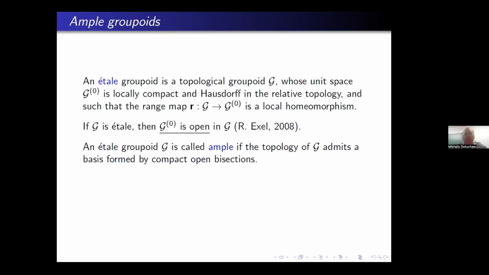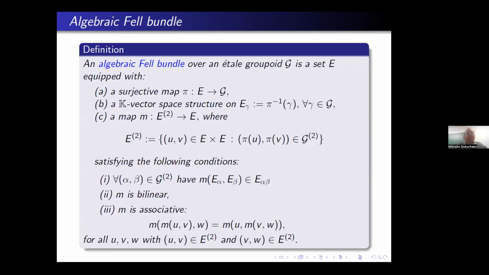For this purpose, we introduce the notion of an algebraic Fell bundle. This terminology comes from C*-algebras. A Fell bundle is a set E such that we have a surjective map from E to the groupoid.